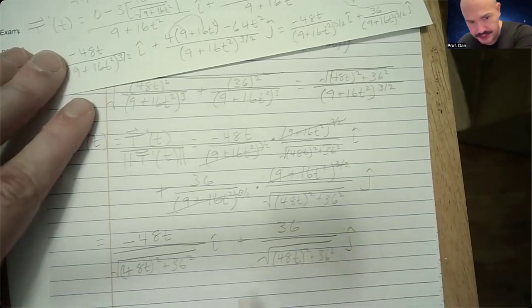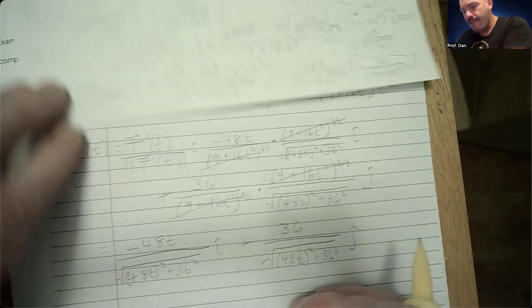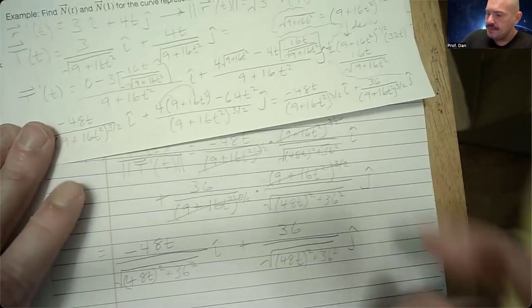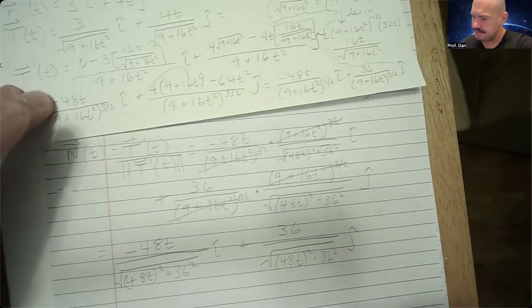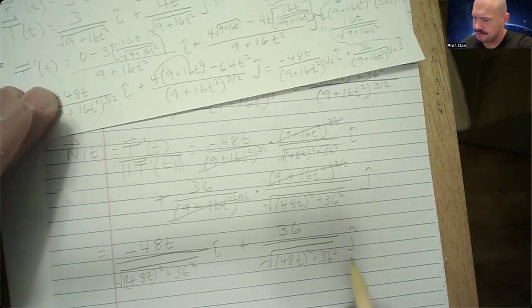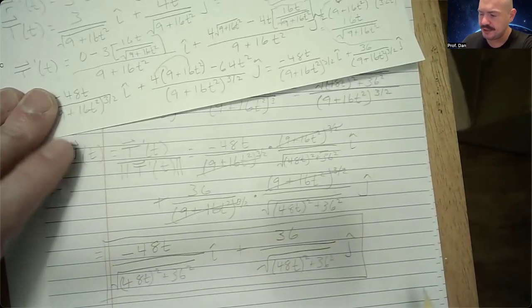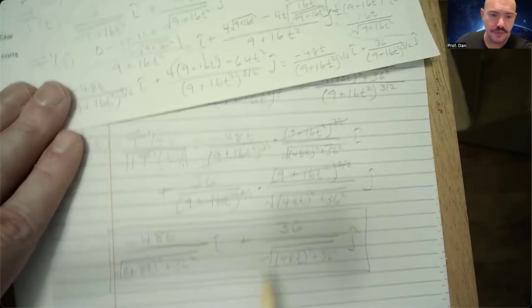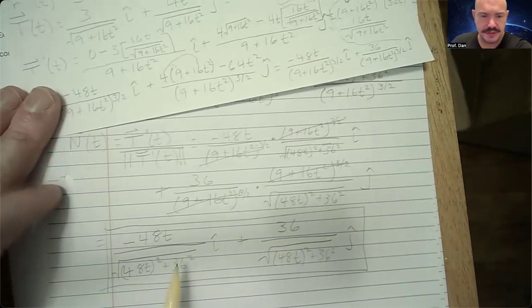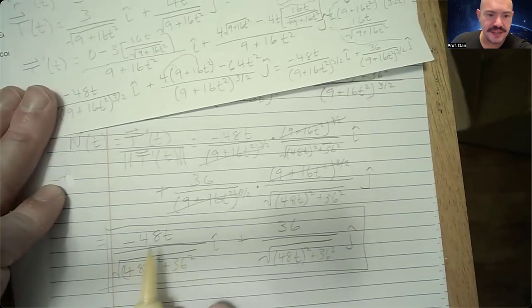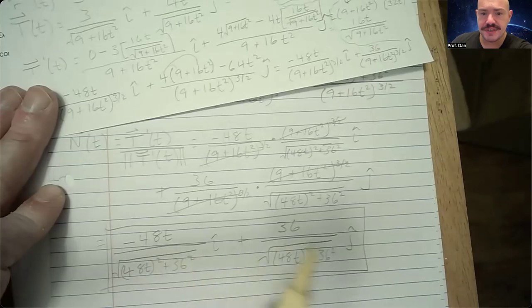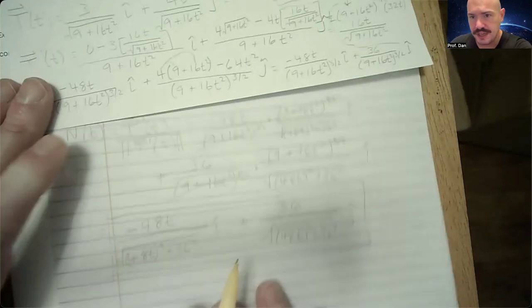And that's the j component. So that's my principal unit normal vector. If we wanted to, we could factor out 1 over that denominator, and we would leave behind negative 48t i plus 36 j. We can do that. That's a thing.